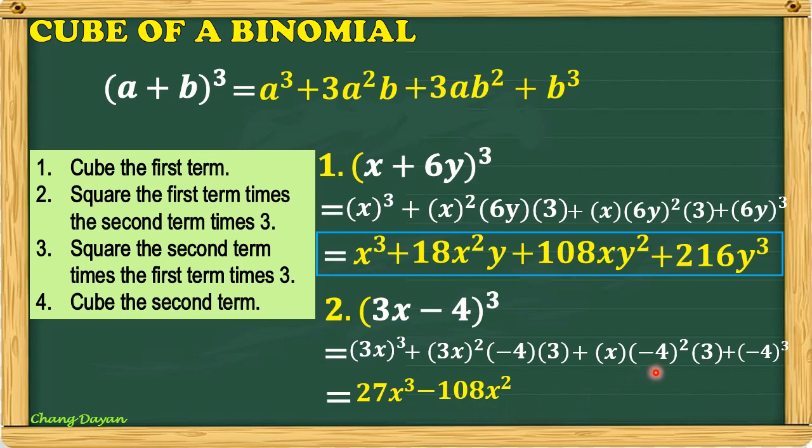Next, square negative 4. So that is negative 4 times negative 4, 16. Times 3, we have 48xy squared. Next, negative 4 cubed. So we have negative 4 times negative 4 times negative 4. We'll have negative 64.